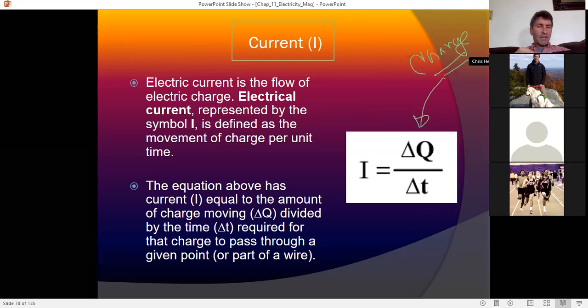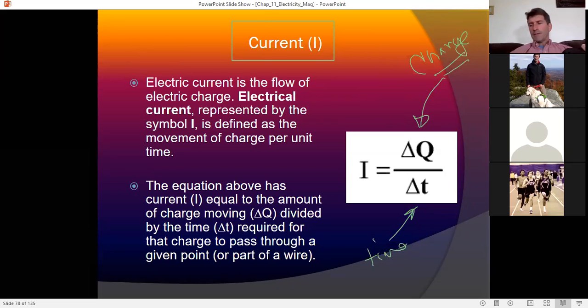How much electric charge is flowing through the wires? Q, unfortunately, we use it for heat too, but here Q stands for electric charge. The more charge I have flowing, the more current I have. So it's charge that flows through a particular wire in a given amount of time.